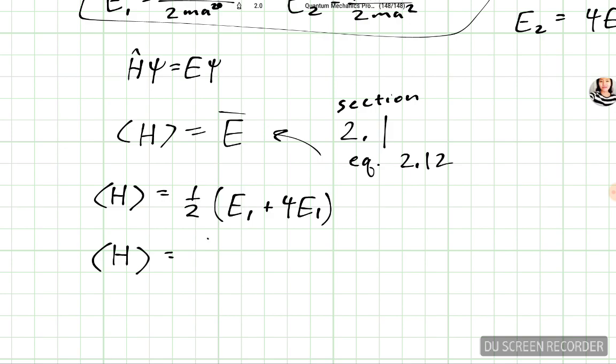So that's just going to be 5/2 E1, so I can write it like this, over 2ma squared, or I could write 5/4.